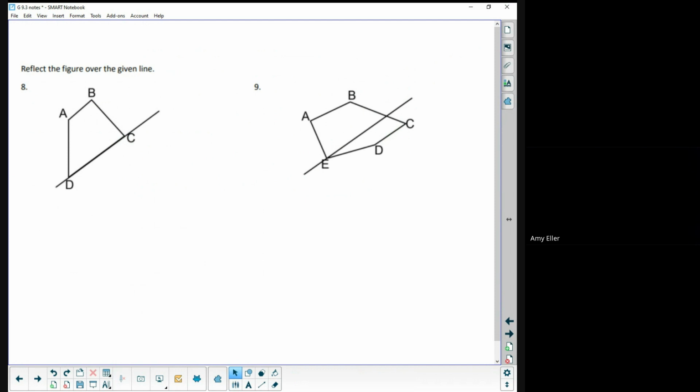I'll draw mine. I'll talk through. You can keep working if you need to. I'm just going to walk to the line. So A, I walk to the line, and I do the same thing on the other side. Walk to the line.